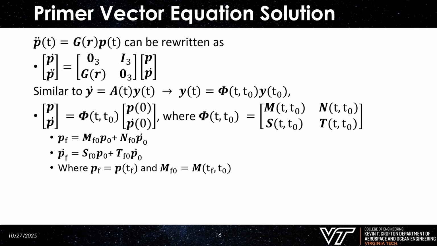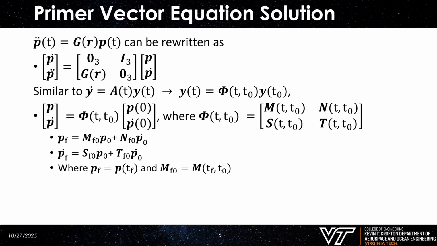And that's equal to a matrix that has on the top left a 3 by 3 matrix of zeros, followed by a 3 by 3 identity matrix. The bottom left entry is your Jacobian of the gravity gradient, followed by another 3 by 3 matrix of zeros. And you multiply that by your primer vector and your time derivative of your primer vector.